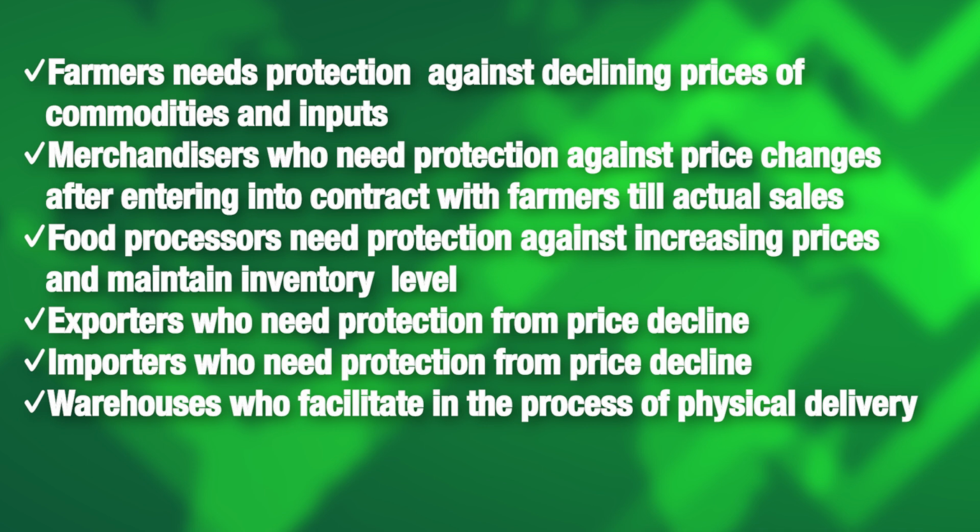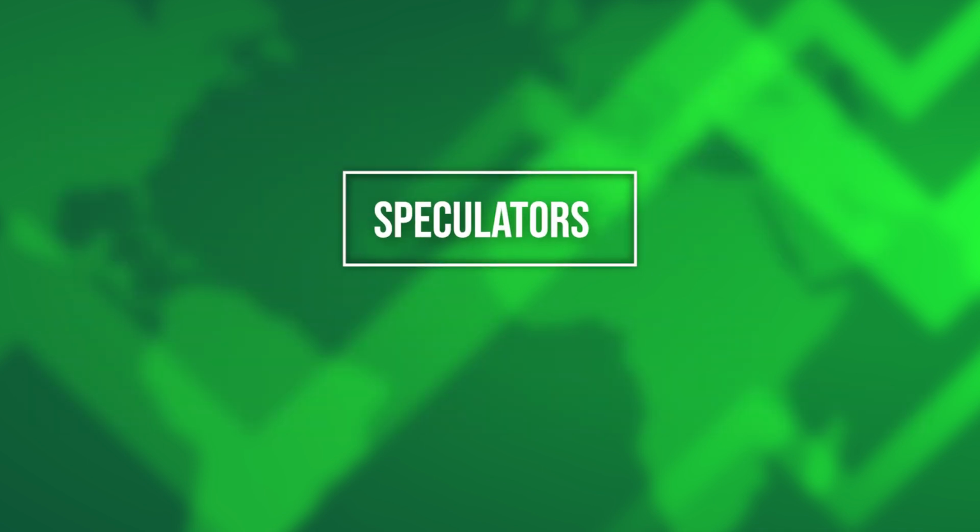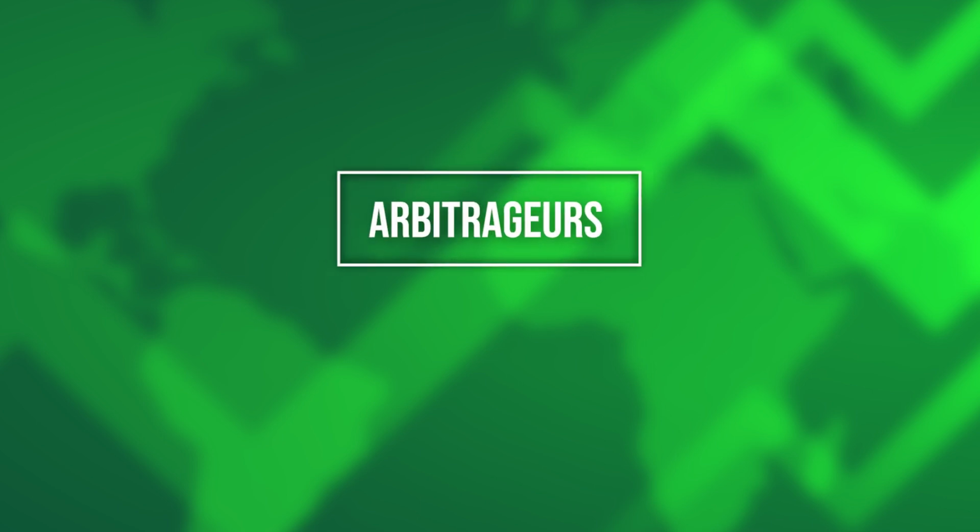They transfer risk to the speculators. Speculators, on the other hand, accept the risk. They are actually the writers of the contract, and they get a premium as consideration. The third category is arbitrageurs. Arbitrageurs benefit from the price differentials prevailing in the market.